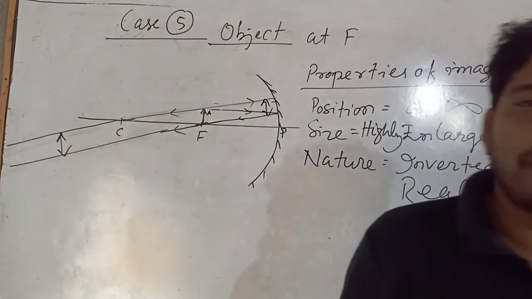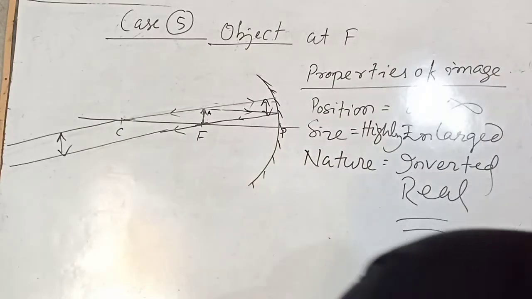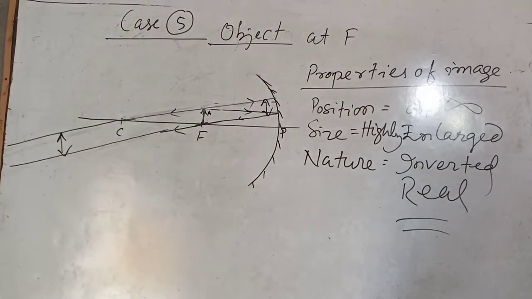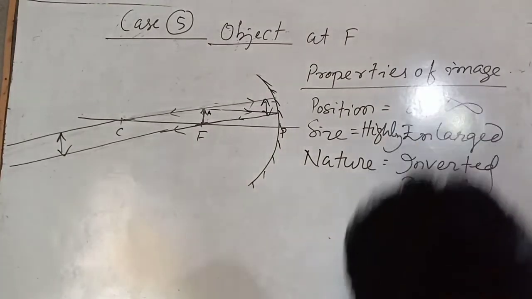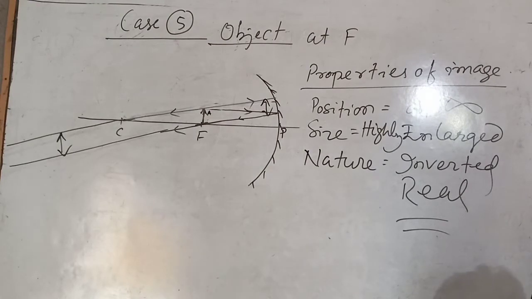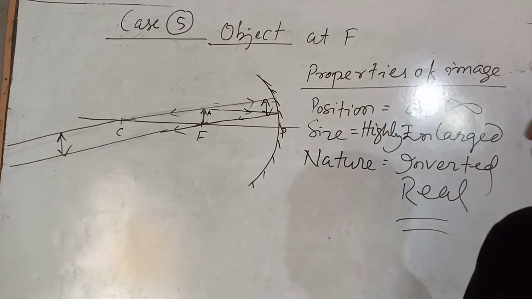In the first case, we took the object at infinity. Now the image is formed at infinity. Anything that goes beyond C, the center of curvature, is enlarged. Write it. Okay.